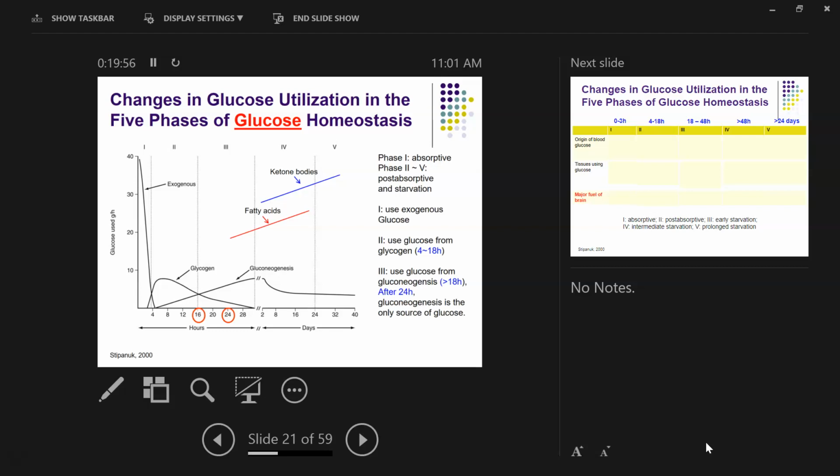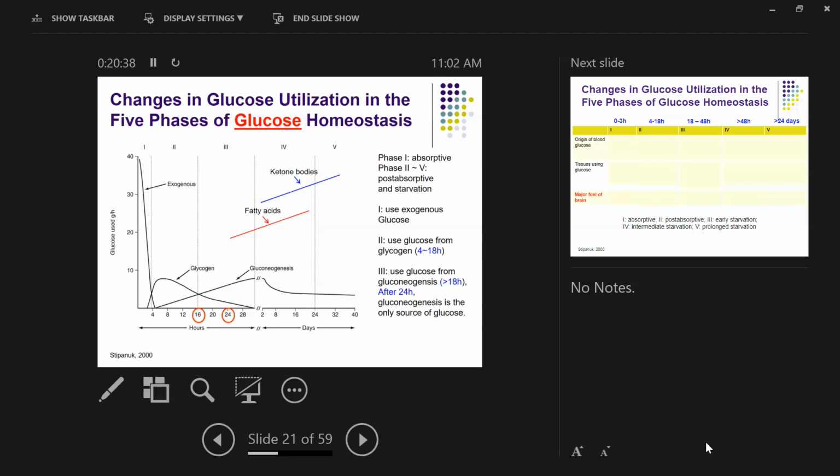So when we don't eat, 4 hours after a meal, our body starts to utilize glycogen first for energy. Glycogen in our body is completely depleted 16 to 18 hours after a meal. So we use all of our stored glycogen if we don't eat till 16 or 18 hours after the first meal.